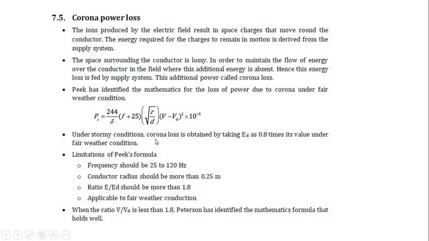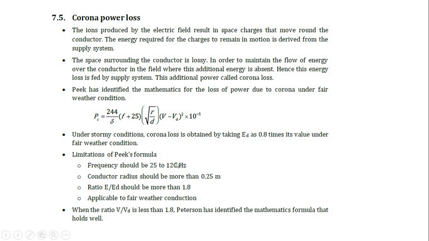Under stormy conditions, corona loss is obtained by taking Ed as 0.8 times its value under fair weather conditions. Here V is the voltage per phase in kilovolts, Vd is the disruptive critical voltage, and f is the supply frequency.